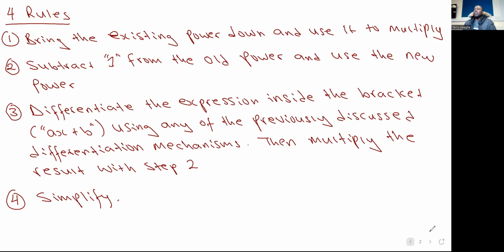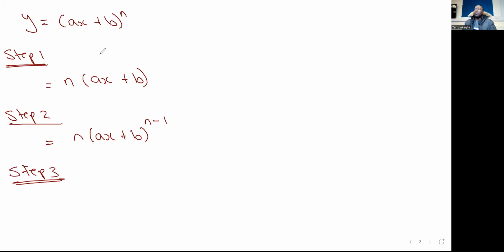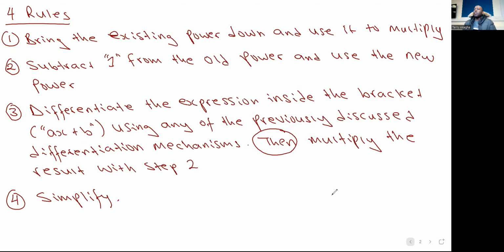Then step 3. In step 3, there are 2 parts. The first part is to differentiate what is inside the bracket, which is ax + b. When you differentiate it, remember all constants become 0, so the answer you get is a. Then you multiply the result with step 2.